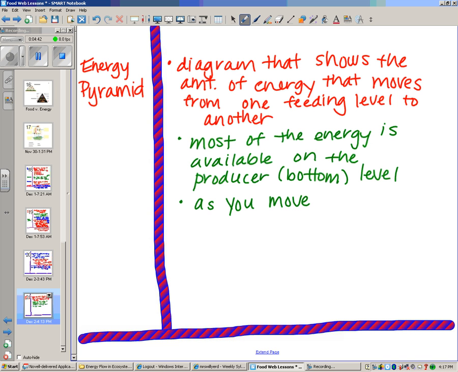So as you move up the pyramid, each level has less energy than the one below.